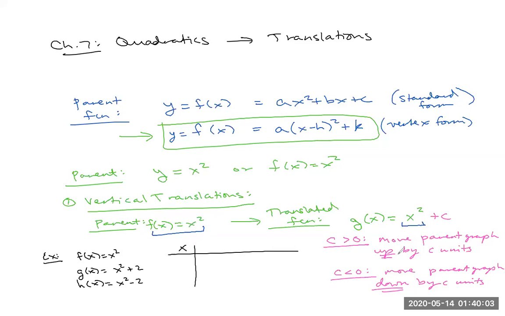For this part, if it's a translation involving adding or subtracting something to your parent, you're essentially changing your y value here. You're not changing your x value at all.